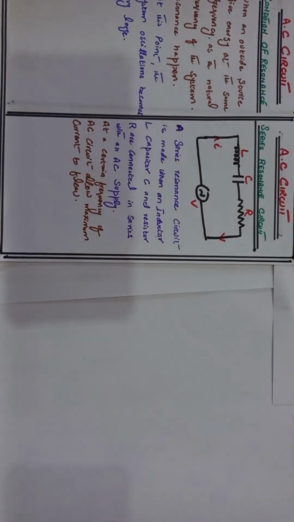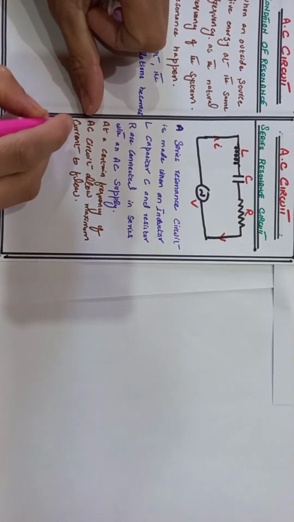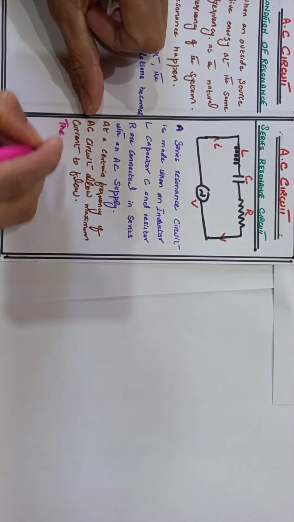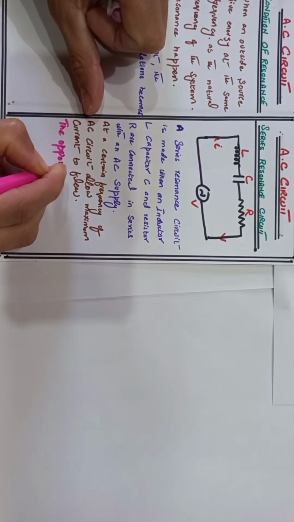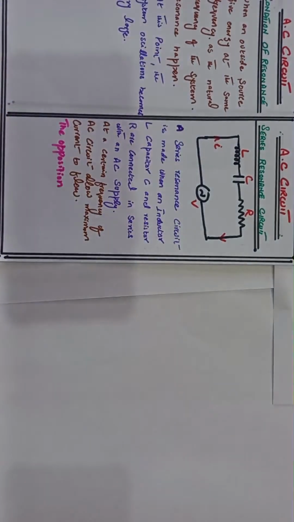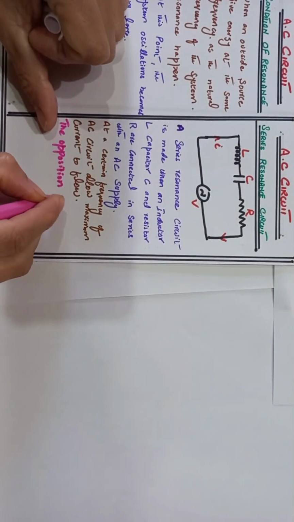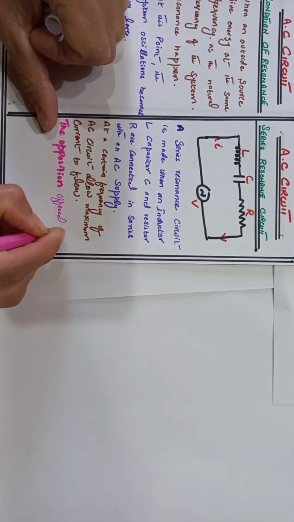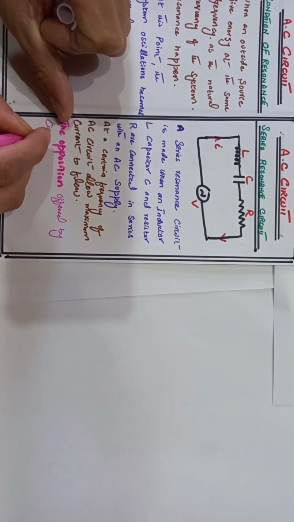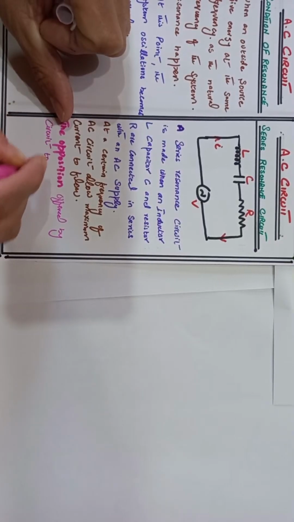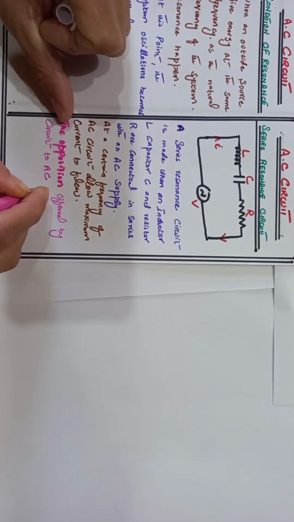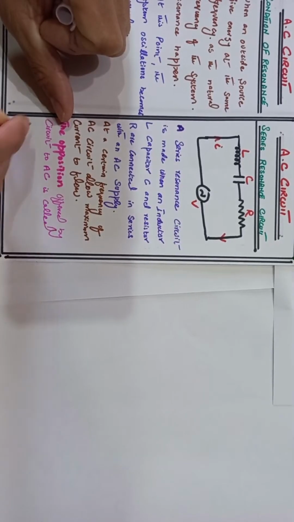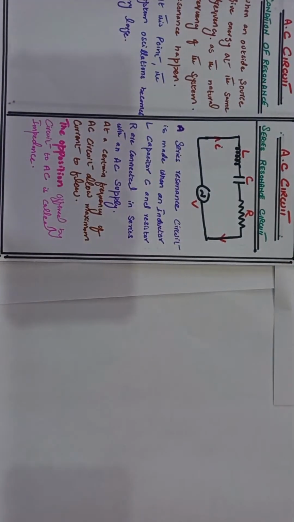Here we write: the opposition offered by the circuit to alternating current is called impedance. If we discuss its formula, so here we write it.